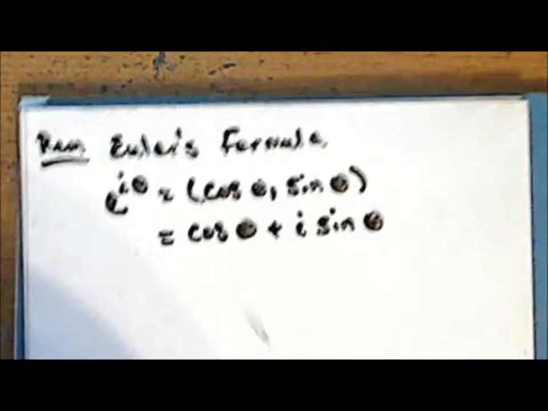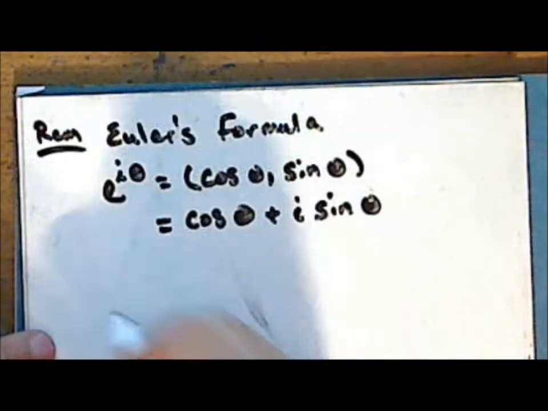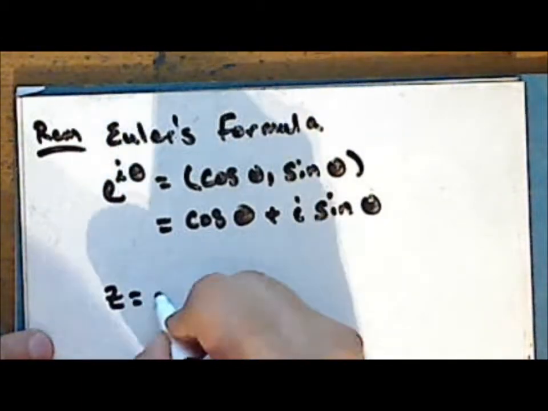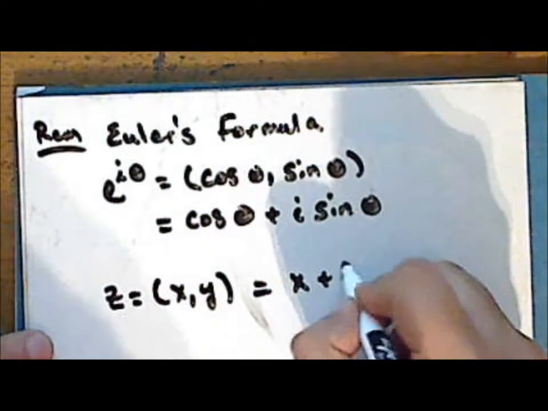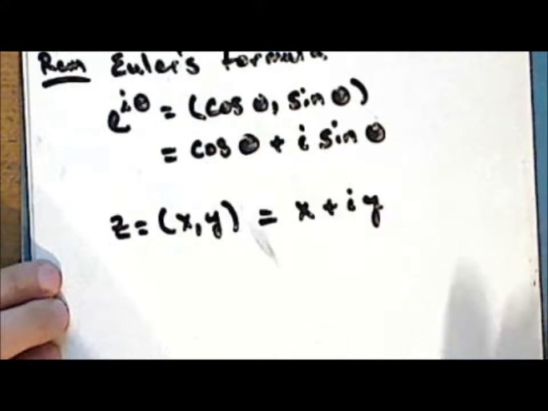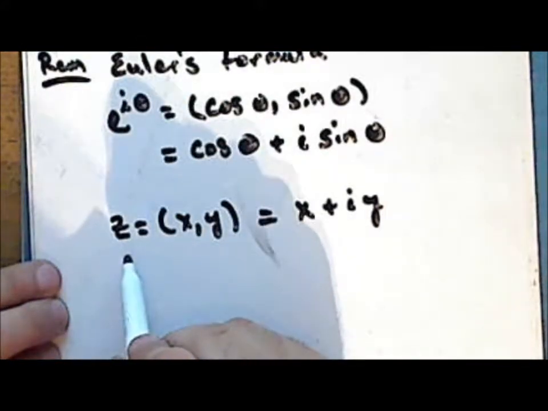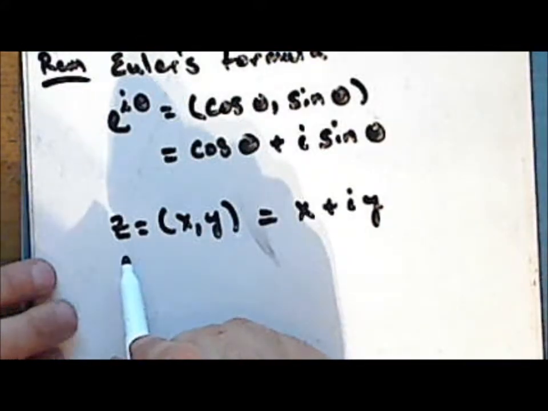Now, we're not going to demonstrate it here, but for a complex number z, which is an ordered pair x, y, or a sum x plus I times y, the complex exponents behave exactly the way that real exponents do.